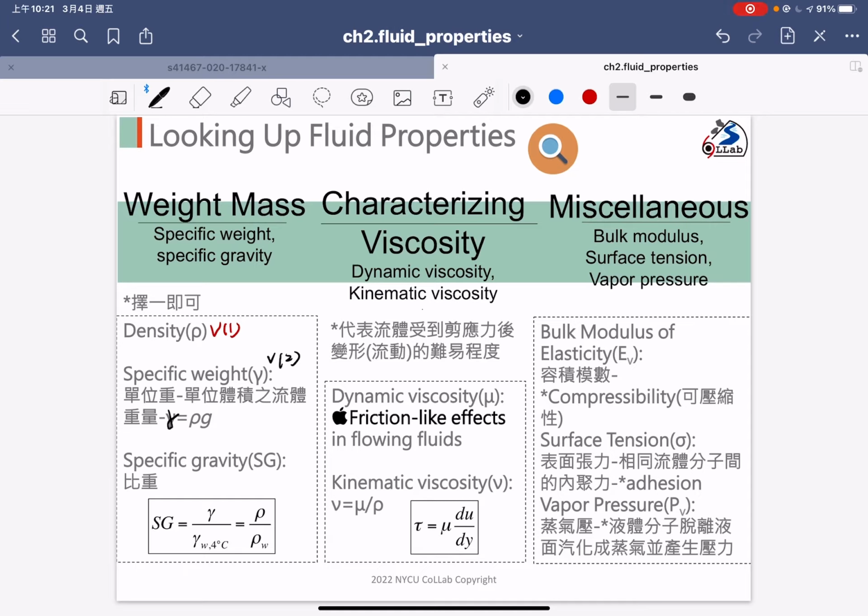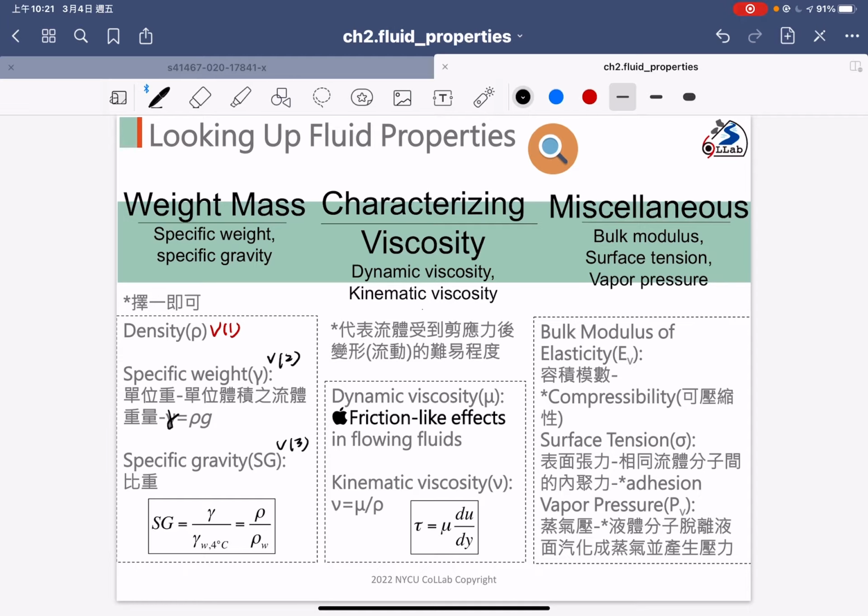And you see, the third property we call the specific gravity, Sg. So Sg is the ratio between the densities. The upper is any fluid's density, and the bottom is the density of water. So Sg is the density relative to the water density.